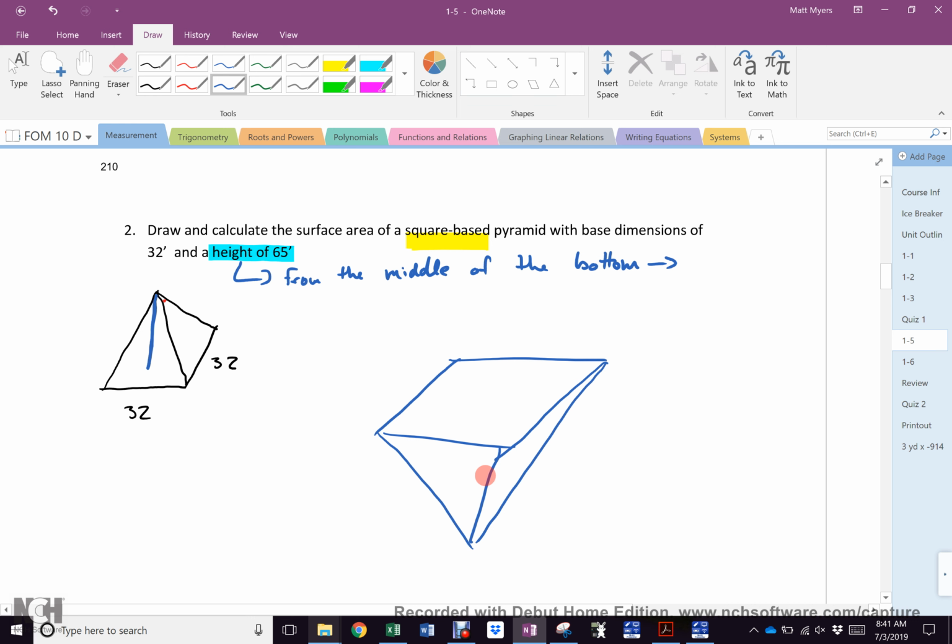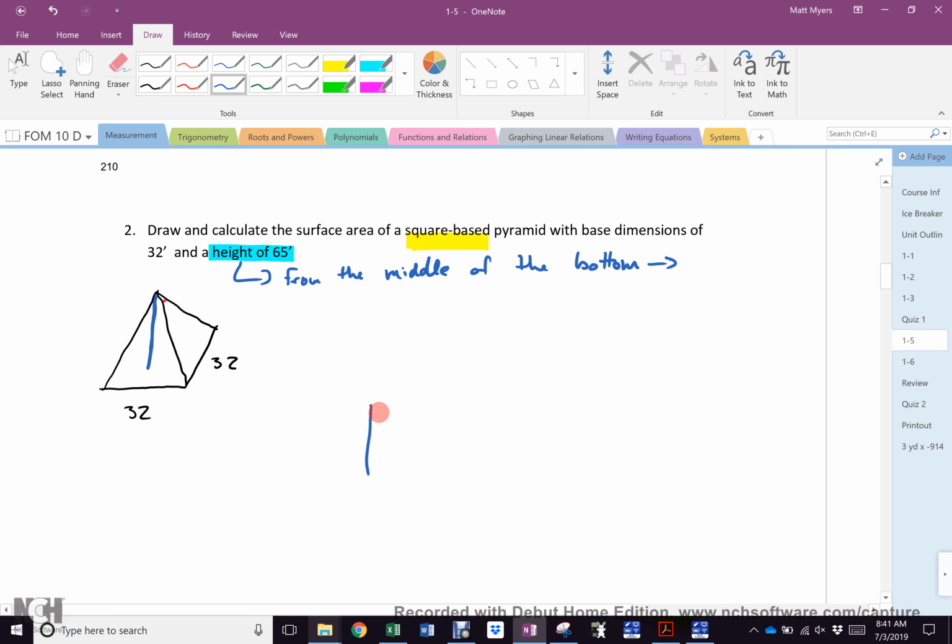It sits on its point. So where would you say the height here is? You can't go up. Where would it be? Straight down. Everybody understand? So the height is from the middle of the bottom, but then what direction do you go? In this pyramid, I'd go straight up. On the Louvre, I'd go straight down.